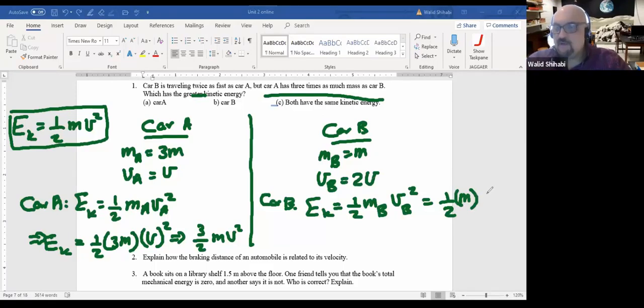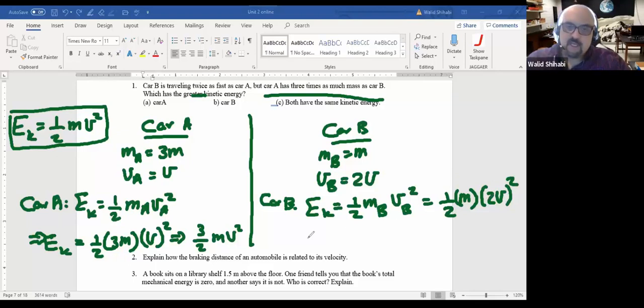And guys, this is the trick here, okay? This is where most of the errors take place. Since the equation is velocity of car B squared, the square is applied. Is it applied on v only or 2 times v? It will be applied on both v and 2. So this whole thing is the velocity of car B. So the square is applied on the 2 and on the v, okay?